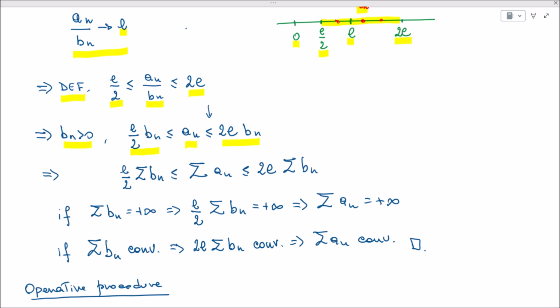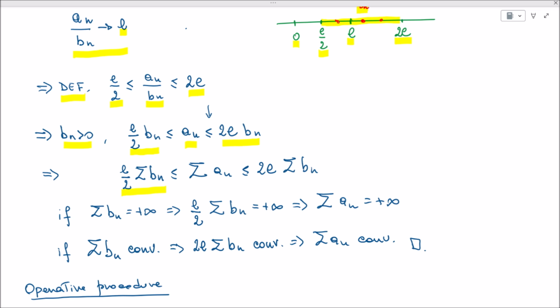Now, this is an inequality referred to the sequences. If we now build the partial sums of these sequences, we have that the sum of L divided by 2 Bn can be also expressed as L divided by 2 times the sum of Bn, because in fact L divided by 2 can be factored out from the sum.